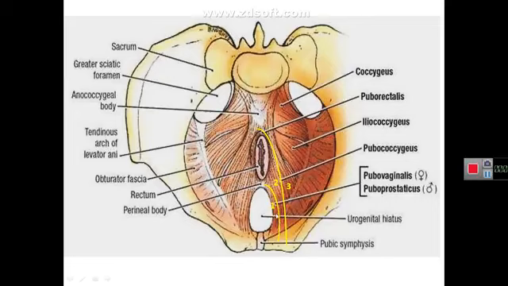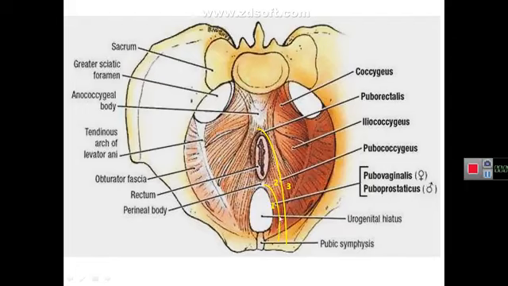The first part, here number 1, is called pubovaginalis or puboprostaticus. This part originates from the medial half of the back of the body of pubis. It is called pubovaginalis because it surrounds the vagina. It is inserted into the perineal body and surrounds the vagina.